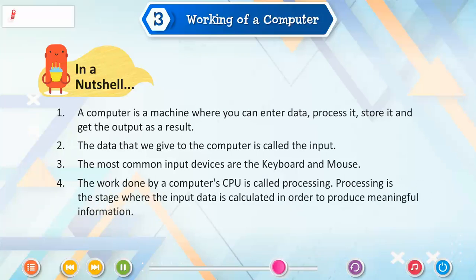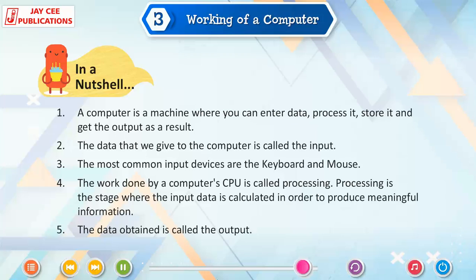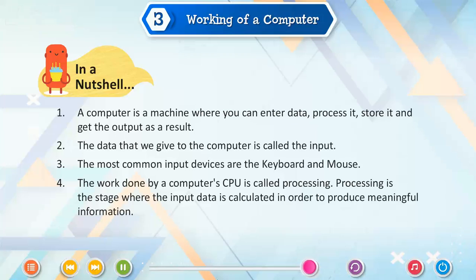The work done by a computer's CPU is called processing. Processing is the stage where the input data is calculated in order to produce meaningful information. 5. The data obtained is called the output. 6. The most common output devices are the monitor and the printer.